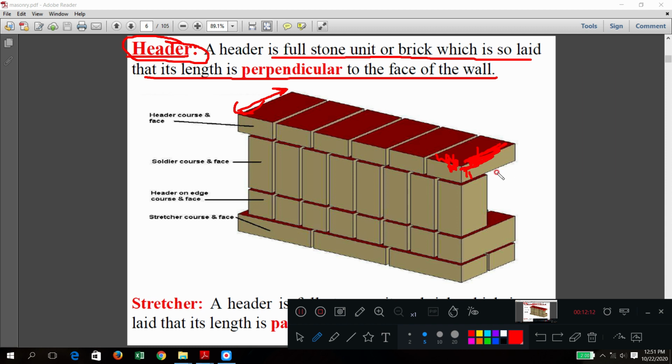Now in one course, in one layer, if all the units are headers only, then we call it a header course.